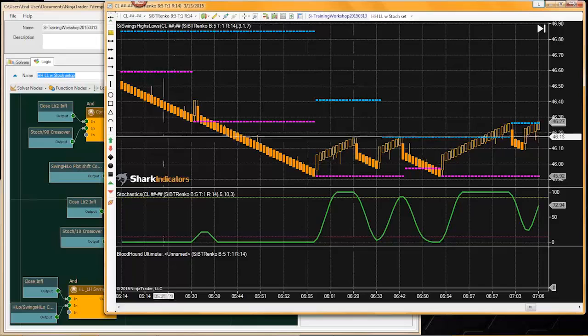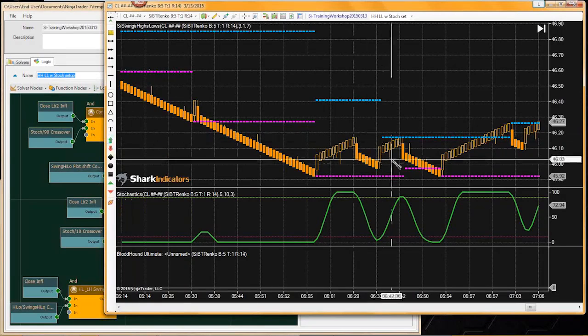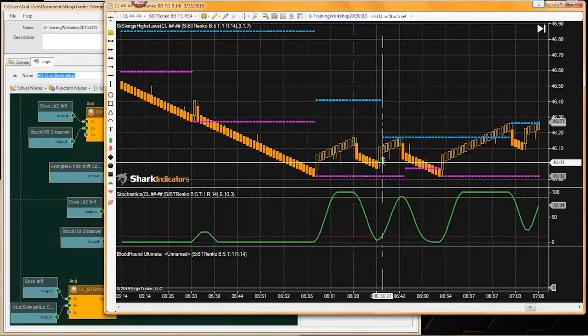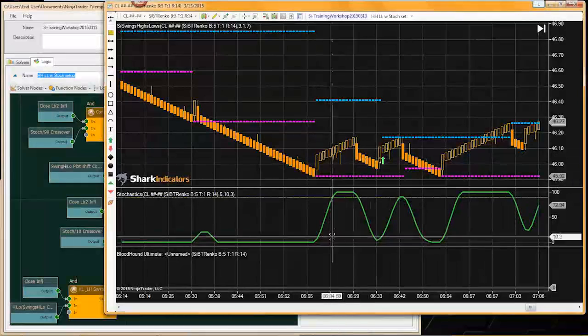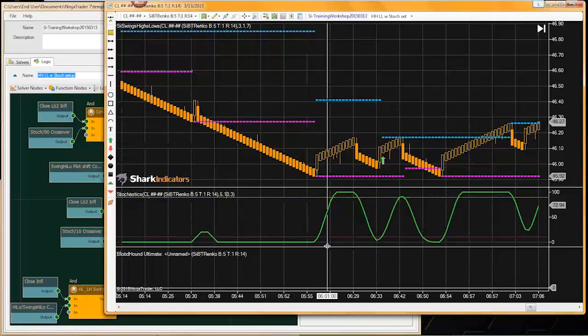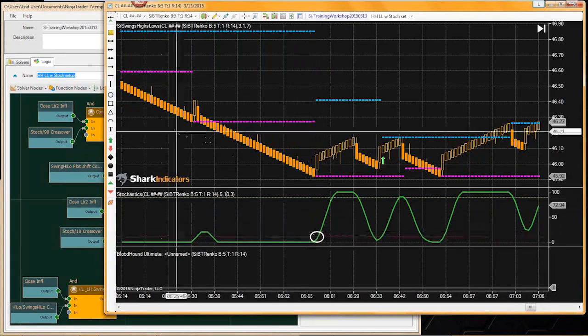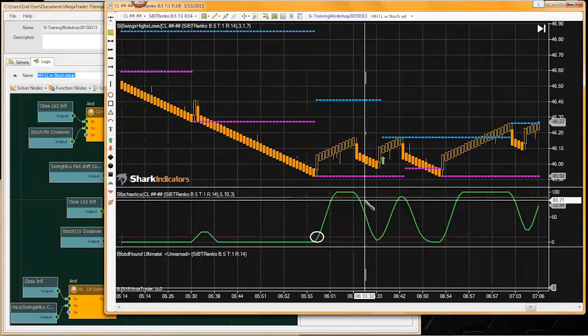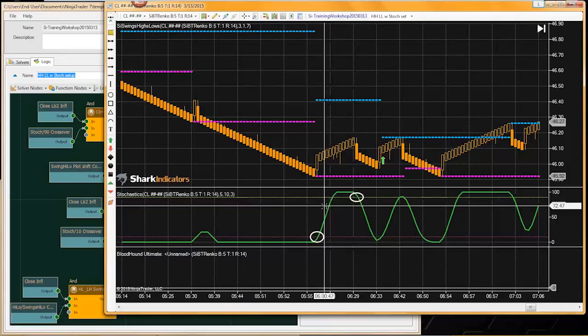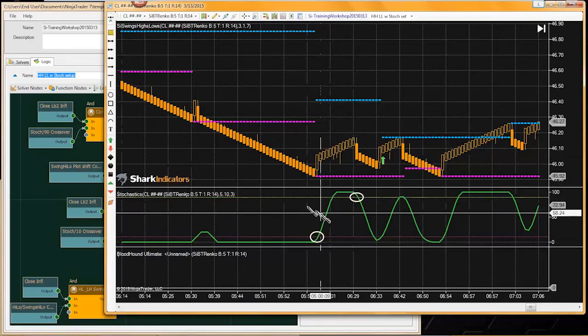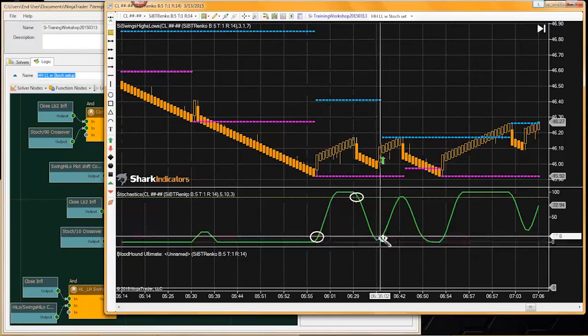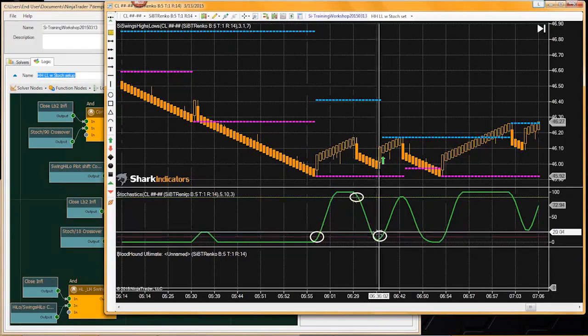Yes, actually, I think we should be getting a signal here as well. Yeah, because, let's see. Yeah, we got condition 1, and we have condition 2, and we just barely got condition 3, but it did happen.